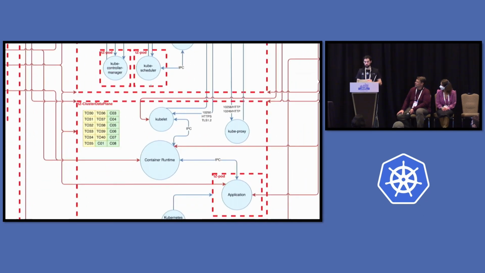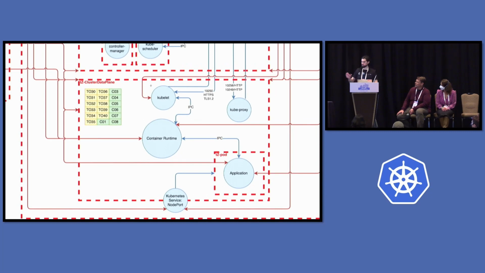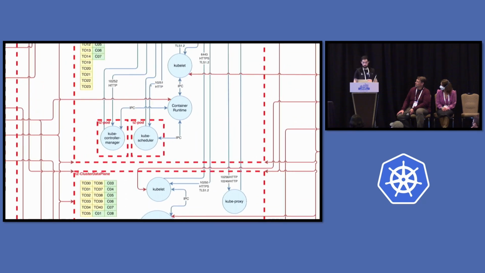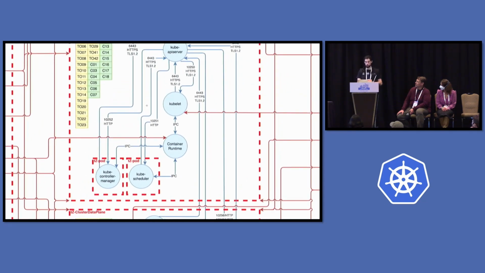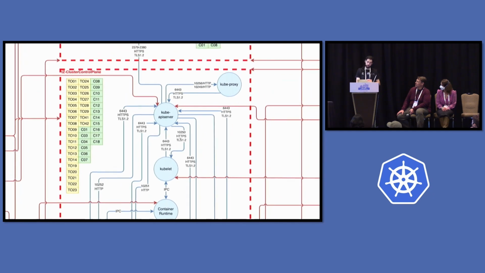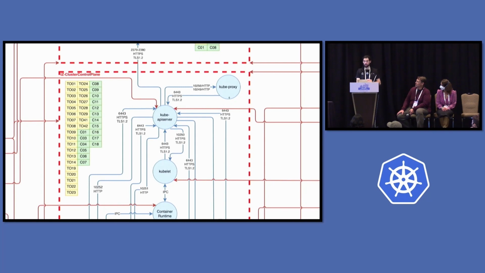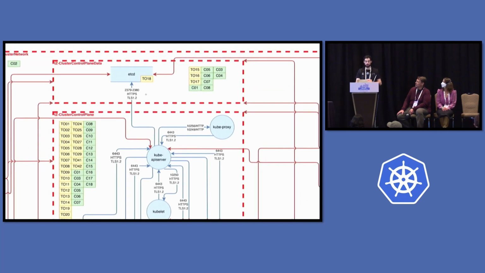And here you have things, of course, like the runtime of choice, kubelet, and kube-proxy. For the control plane, you have kube-controller-manager, of course, kube-scheduler, the runtime, kubelet, kube-API, and kube-proxy. And here you have etcd, the proverbial crown jewels.